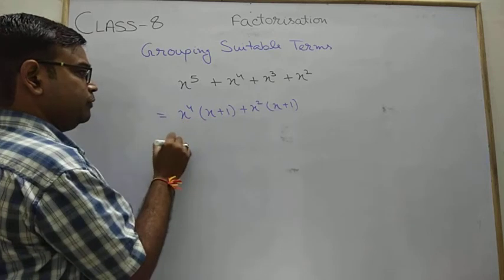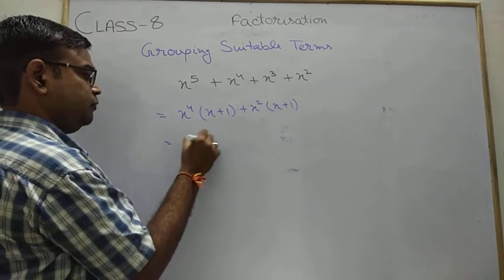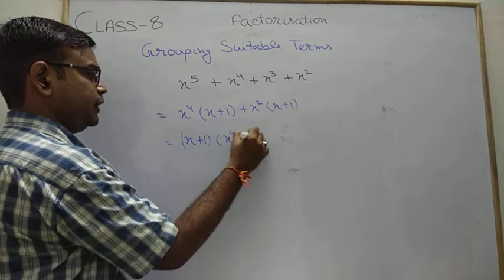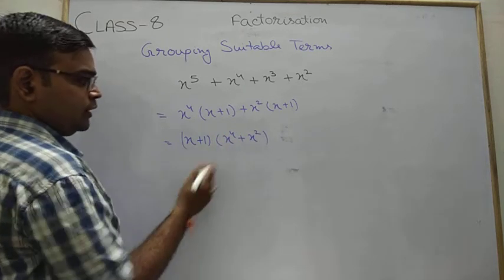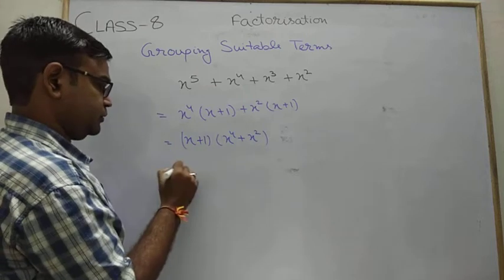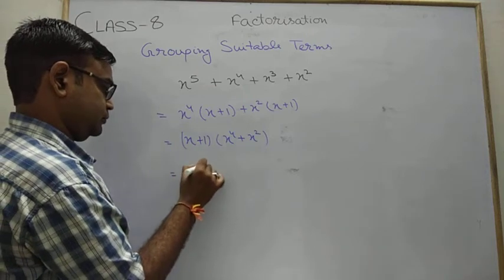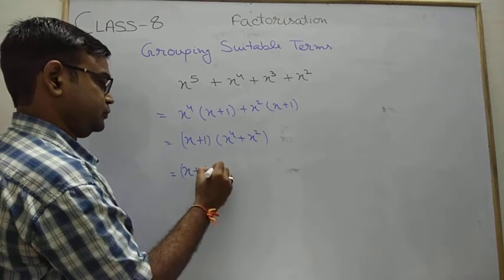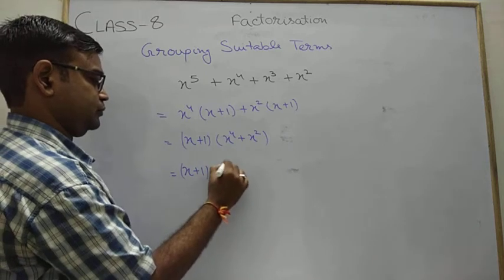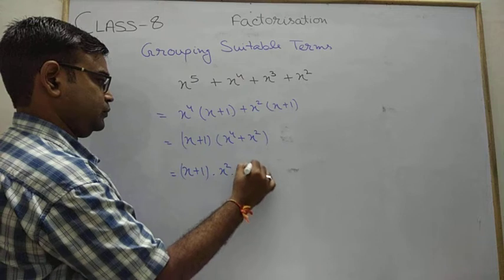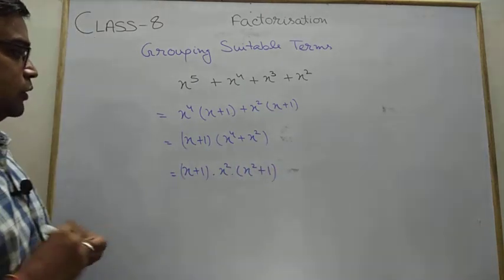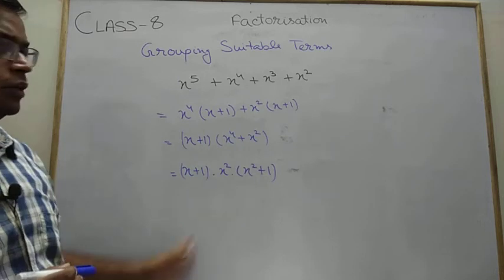We have a common factor, but still we have some place for taking factors. In these two, again we can take a factor, x² the lowest power. You can solve likewise, then we arrange it.